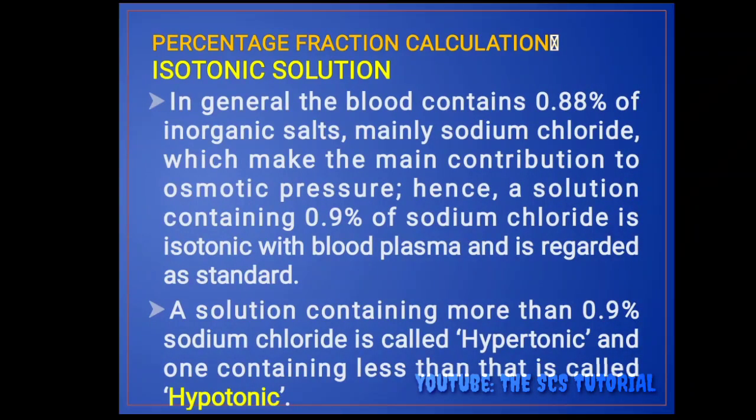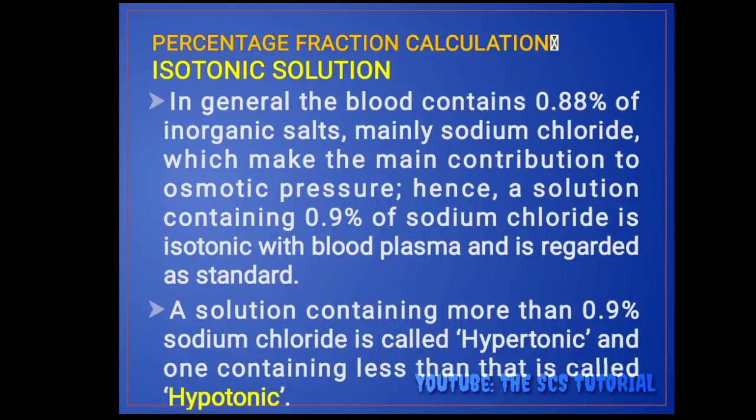In general, blood contains 0.88% of inorganic salts, mainly sodium chloride, which makes the main contribution to the osmotic pressure. Hence, a solution containing 0.9% sodium chloride is isotonic with the blood plasma and is regarded as standard.